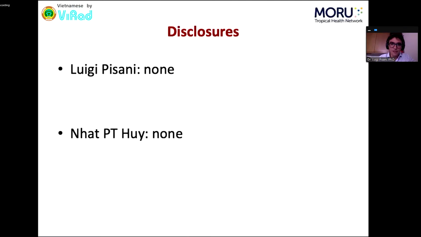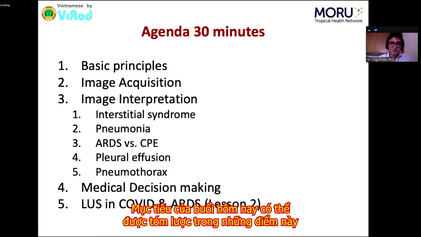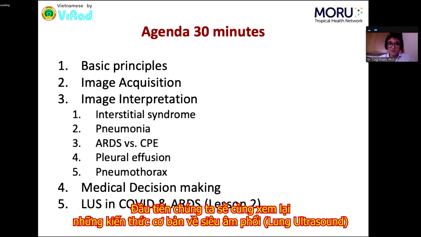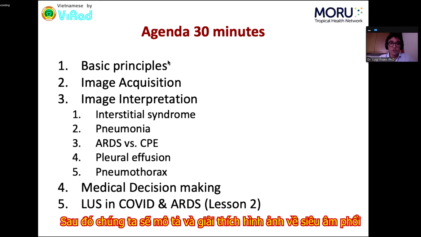I have no disclosures, and the aim of today can be summarized in these points. We will first look at some basic principles of lung ultrasound, and then we will go to image acquisition and interpretation.